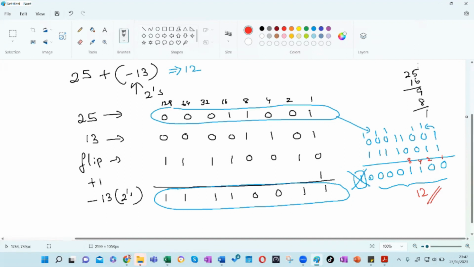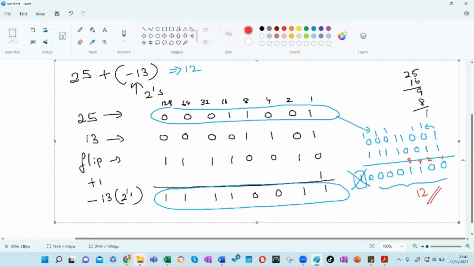So we have to discard 1 there because we are supposed to get a positive answer. So this 8-bit pattern is the answer. Understand? Clear? Is it clear, everyone?